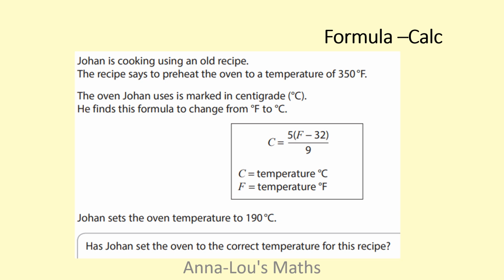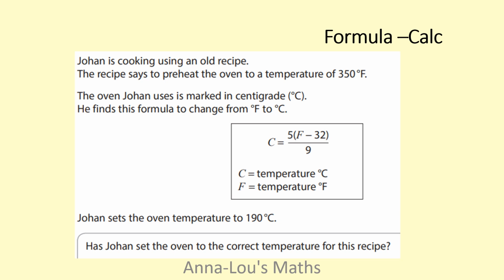Two exam tips on this question. Firstly, it says Johan sets the oven to 190. You don't care what Johan's done. This is what he's done in his house, in his kitchen. You lovely humans listening to this are the mathematicians. You are going to work it out and tell Johan if he's right or not.